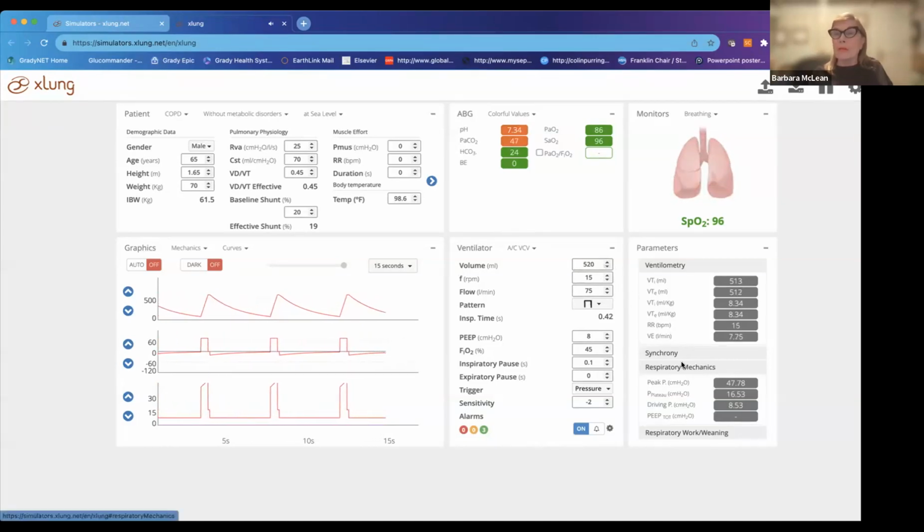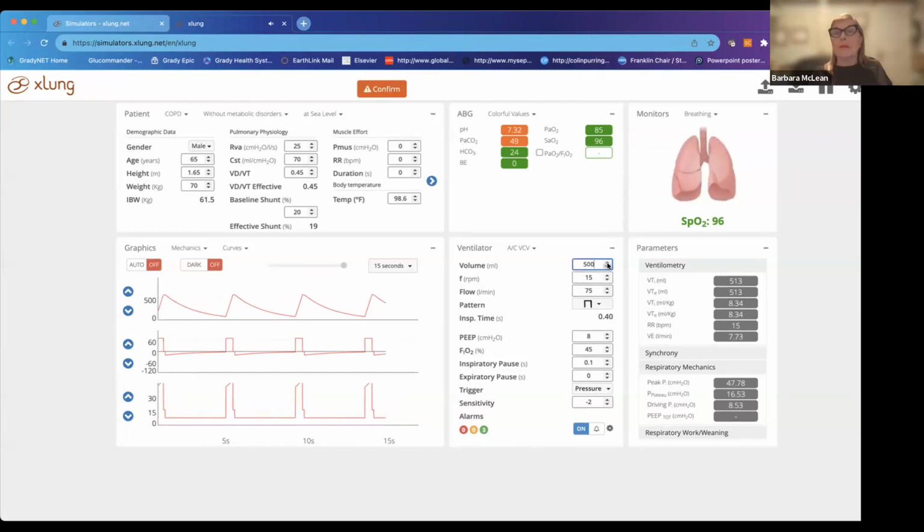Now, your peak pressures are high here, and I could do one of three things. I could decrease your tidal volume, I could decrease your respiratory rate, or I could decrease your flow. So the first thing typically your therapist is going to want to do is decrease your tidal volume. So let's try that.